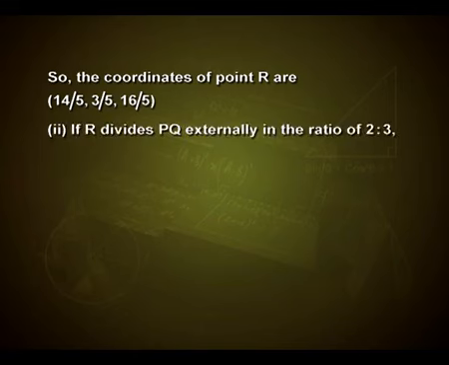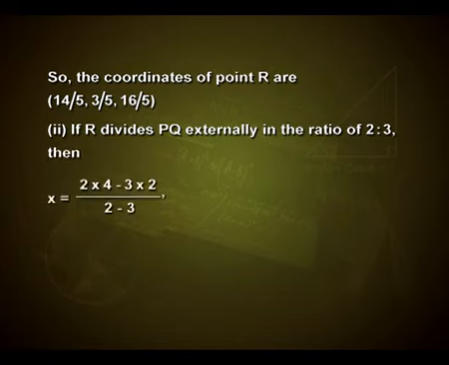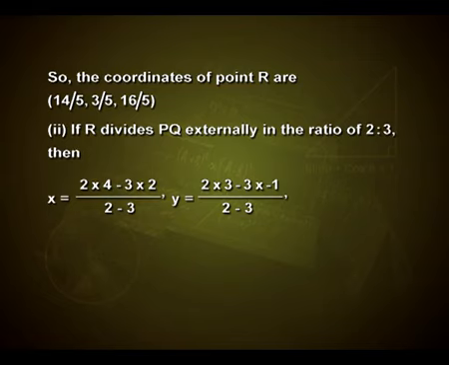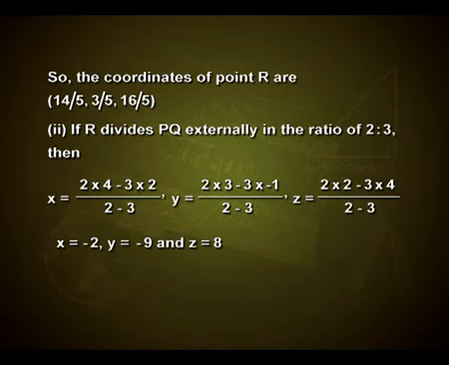Now, let us look into the division externally. If R divides PQ externally in the ratio 2:3, then the coordinates of x are (2 into 4 minus 3 into 2) upon (2 minus 3), and coordinates of y are (2 into 3 minus 3 into negative 1) upon (2 minus 3), and coordinates of z will be (2 into 2 minus 3 into 4) upon (2 minus 3), which on simplification gives us the value of x is equal to minus 2, y is equal to minus 9 and z is equal to 8.